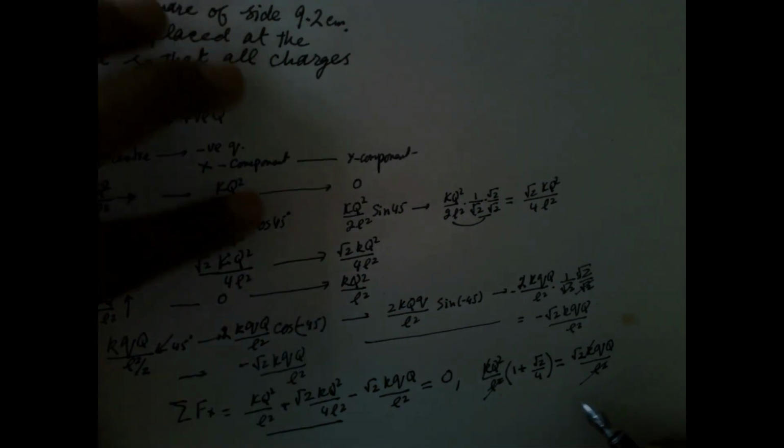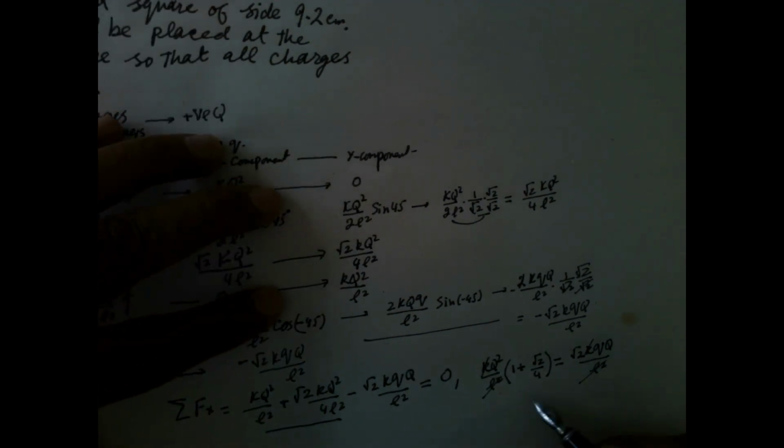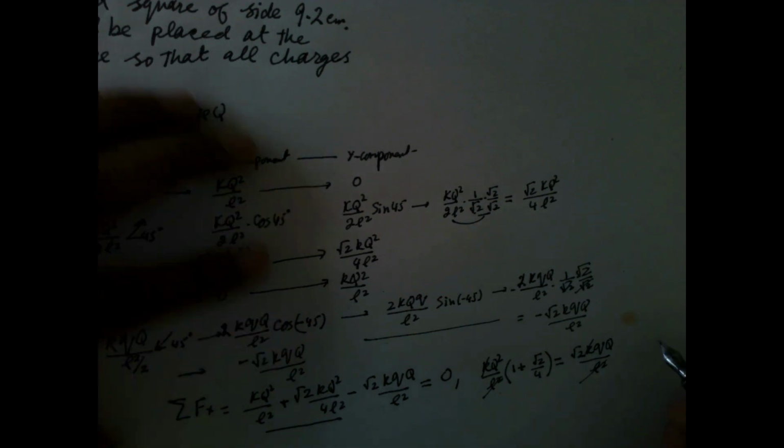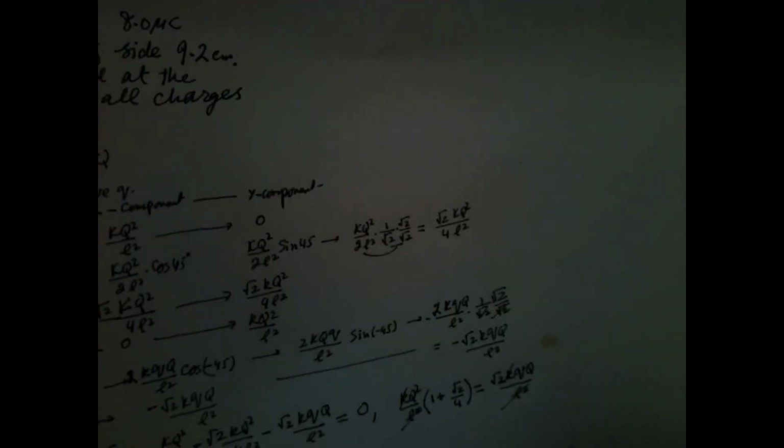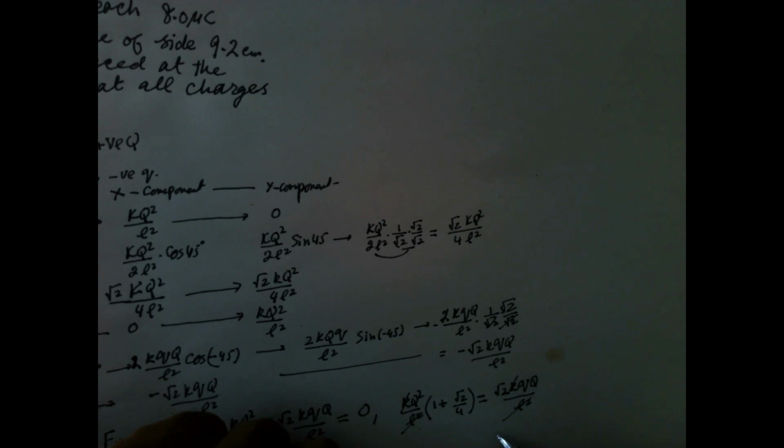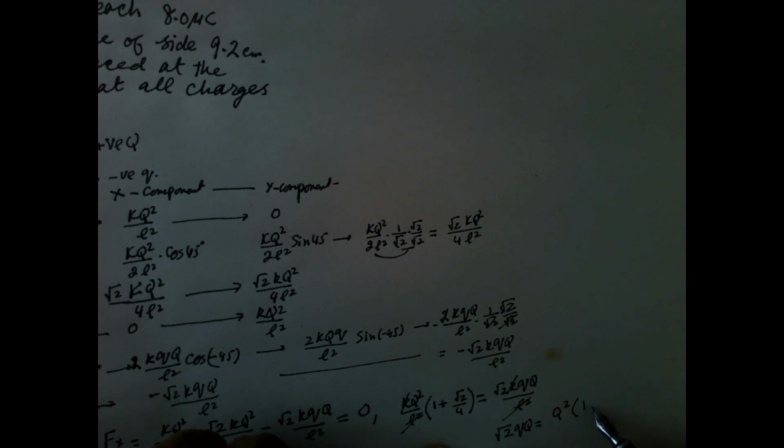So small q is left with: square root 2 q equals Q squared times (1 plus square root 2 by 4).